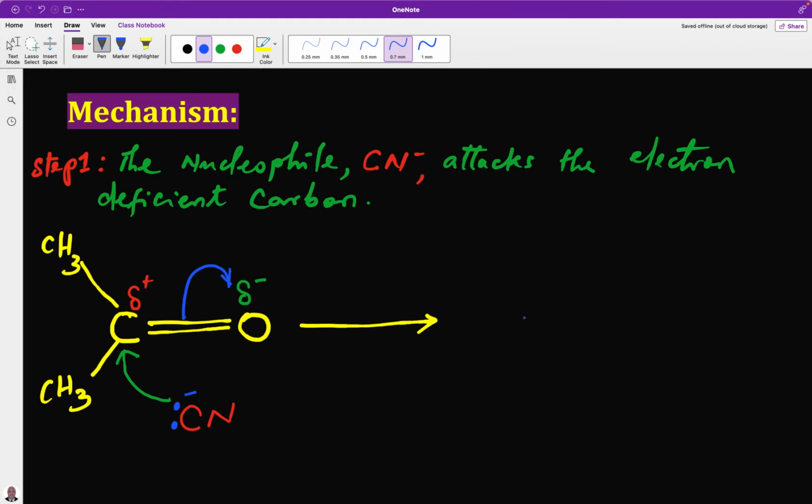And this results in what? In the ion that I am going to write here. This is the ion that results from this reaction. We will have a CH3 to the carbon.